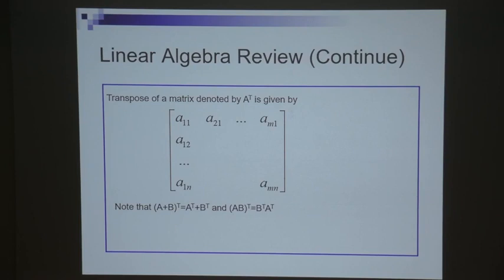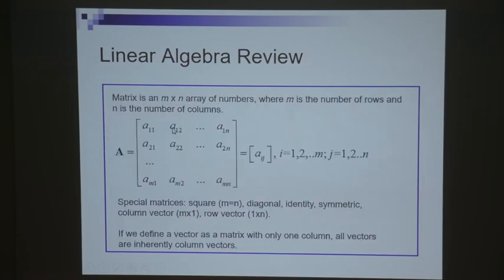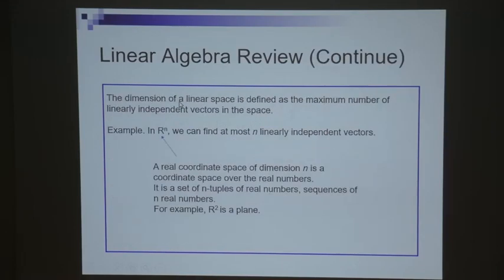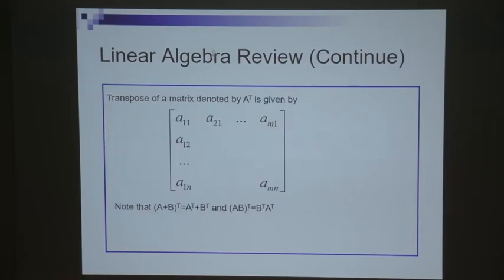And then, of course, we talked about J transpose before the break. So what is a transpose? If I have an A, which is earlier on, so this is my A. My A transpose will be equal to this: A11 to A1n, A11 to An1. So it will be a transpose of the system.